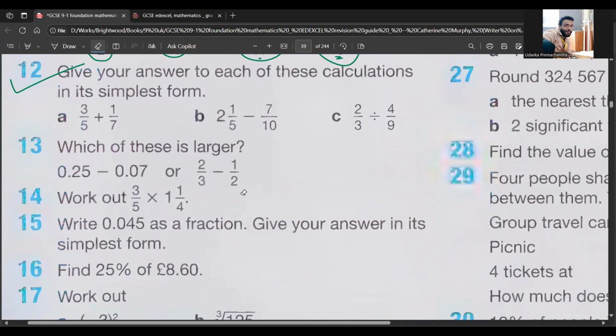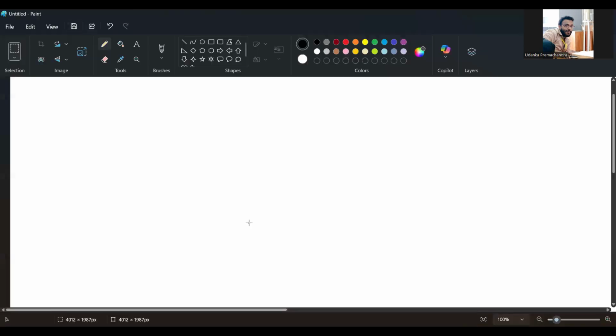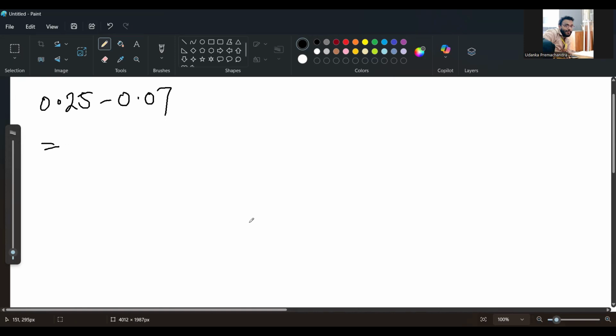Okay, think. 0.35 minus 0.07. Here, 0.25 minus 0.07. 25 minus 7, it's 18, 0.18.